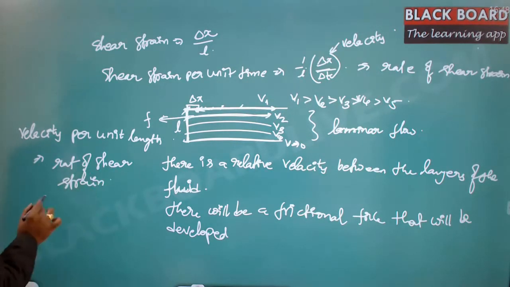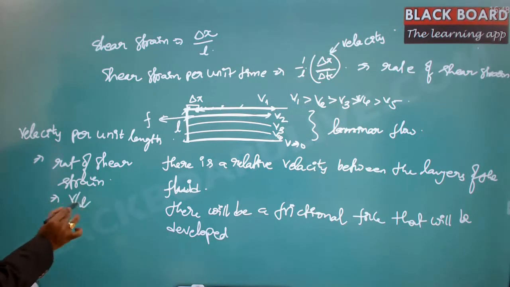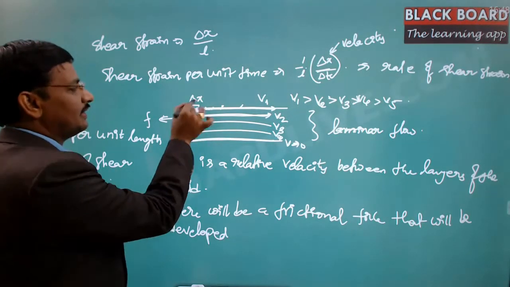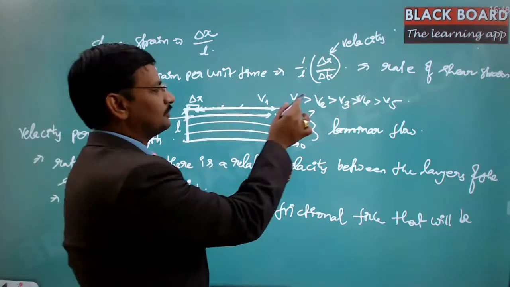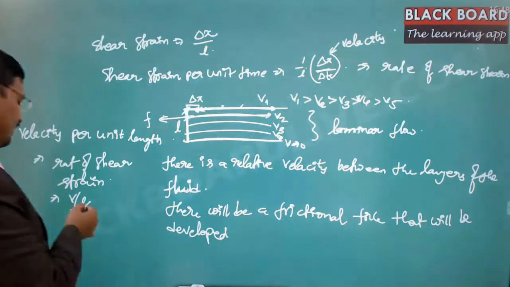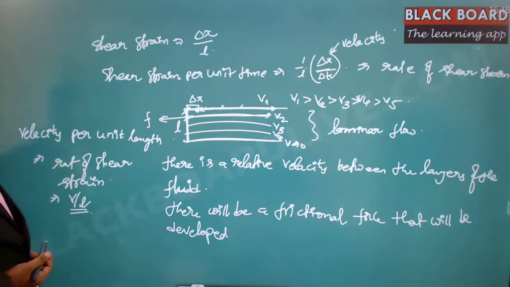The rate of shear strain is nothing but V by L, where L is this height and the velocity of the particle at the top is delta x by delta t. Velocity by L is called the rate of shear strain.